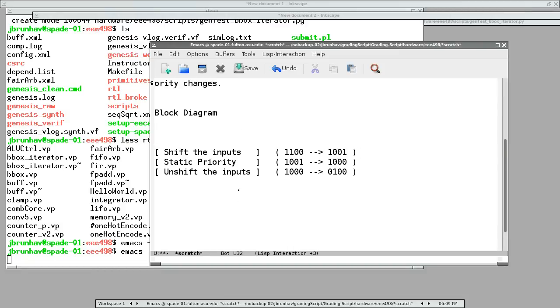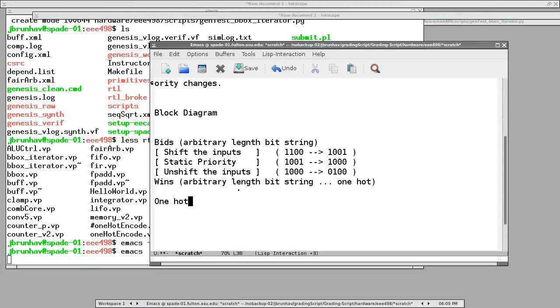So the input to our block are the bids, which is just going to be an arbitrary length bid string. And the output are going to be the wins, which is the arbitrary length bid string that is now 1 hot.